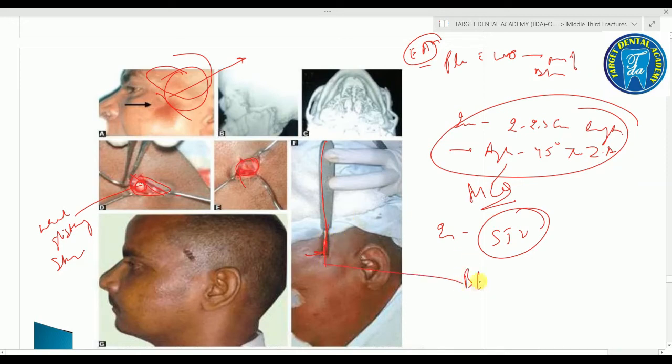It is passed below the fascia and above the muscle.